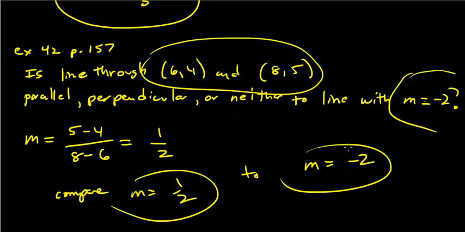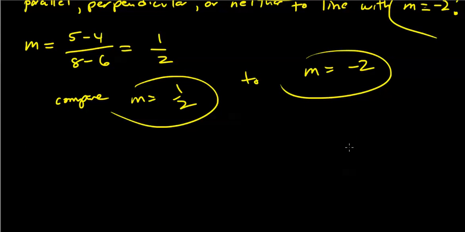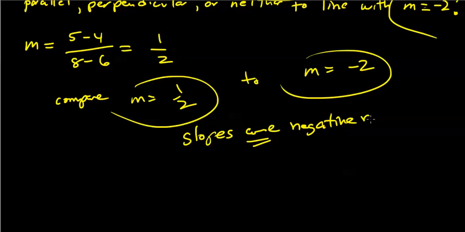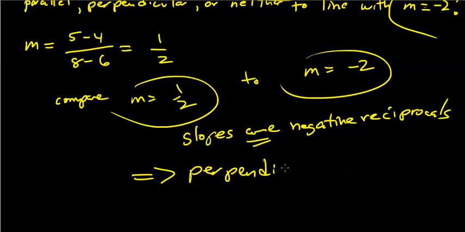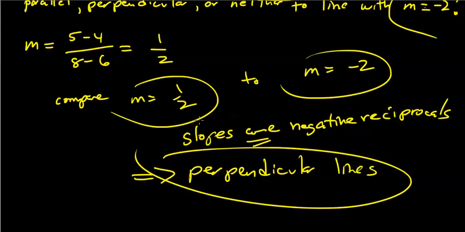And of course, you'll agree with me that these are negative reciprocal slopes. And when slopes are negative reciprocals, that means perpendicular lines. Okay? So the answer to this question would be perpendicular.